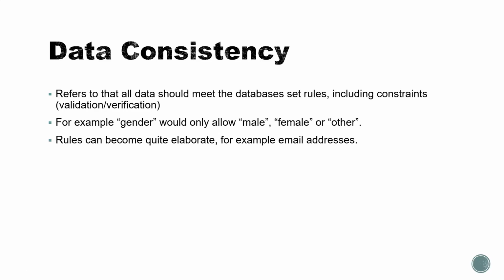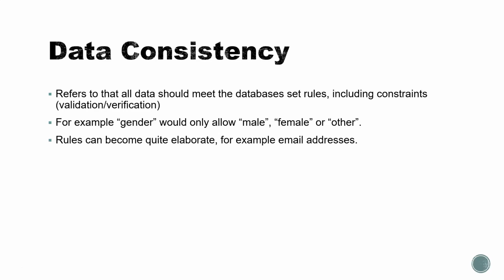Some rules can be quite elaborate. So, for example, you think of email addresses. Email addresses can be quite varied. So what rule you could set up would be: you start off with the unique ID, so it could be name, and then you have the @ sign. It's not an ampersand. I'm going mad.